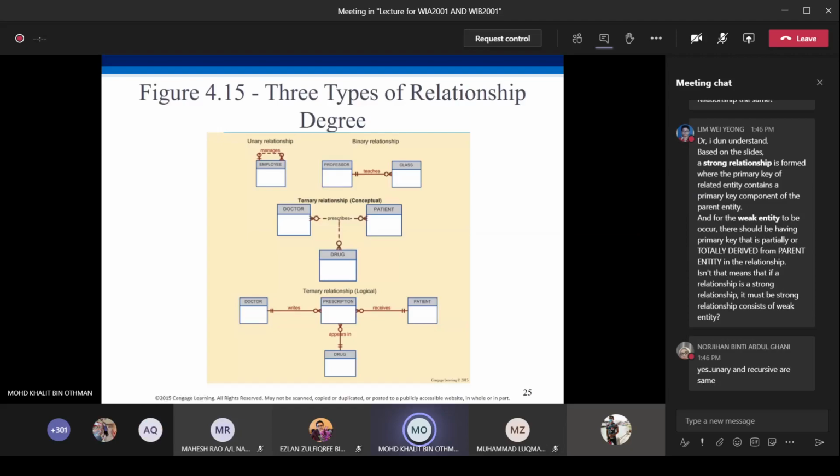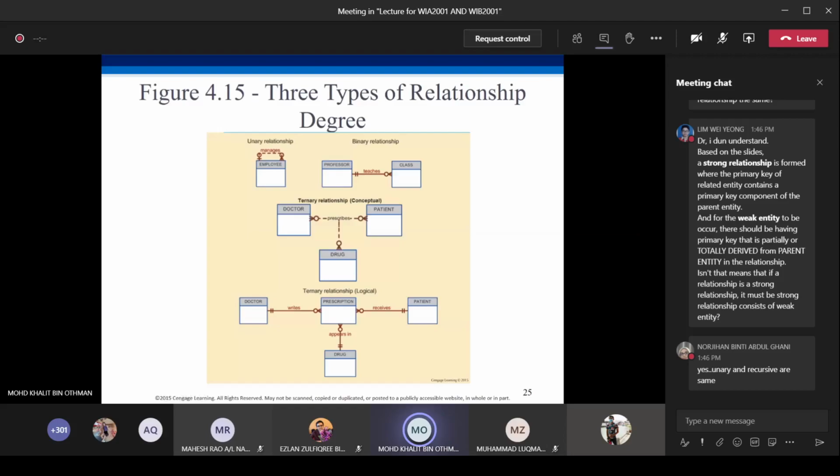That is, the employee entity has a relationship within itself, also known as a recursive relationship. So here, the association between the entity is manage. The example of the relationship is employee manages employee. This is for the first diagram.